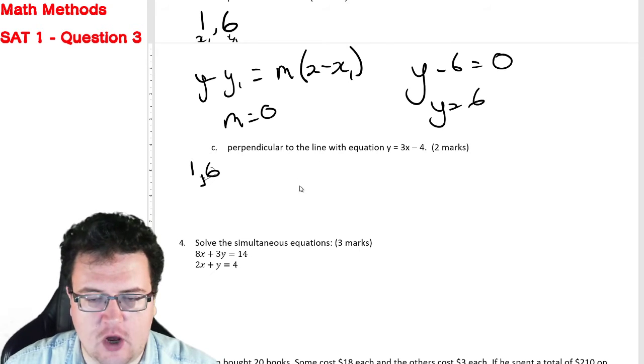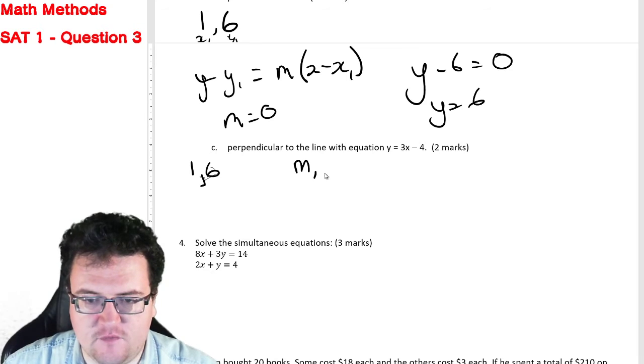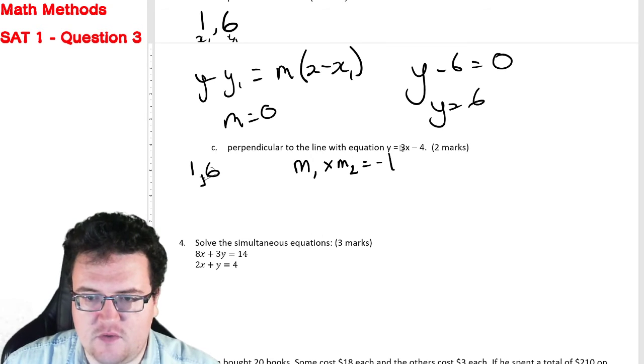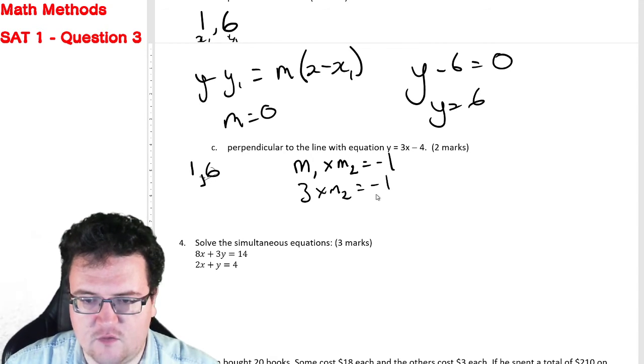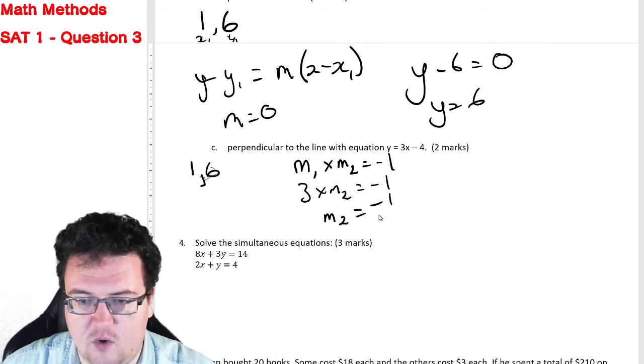If we are working on perpendicular lines, we can use the formula m1 times m2 equals -1. Because we know this gradient here is 3, 3 times m2 equals -1. Therefore, the gradient m2, which is going to be our new line, is going to have to be -1 on 3.